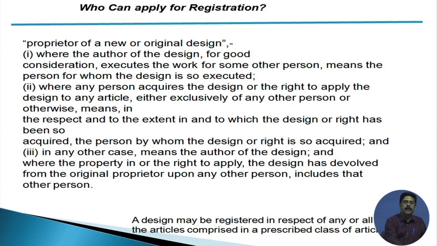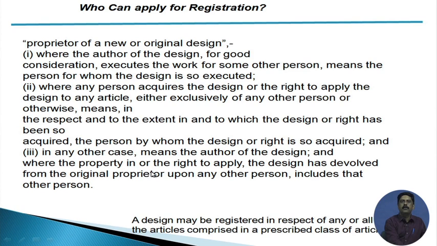If the author, under an employer contract, creates the design for the employer for good consideration, the employer will be the owner or proprietor. Where any person acquires the design or the right to apply the design to an article, exclusively or otherwise, by means of assignment and others, that person is included.